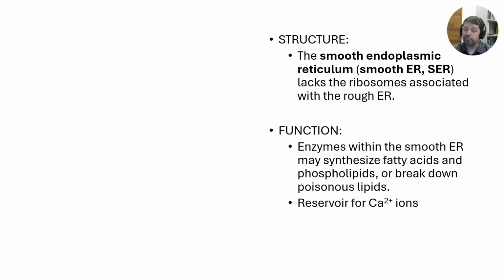It also breaks down poisonous lipids and lots of poisonous substances, and it can store things that are useful for building other material, like phosphates. But one of the big ones that it stores is calcium.